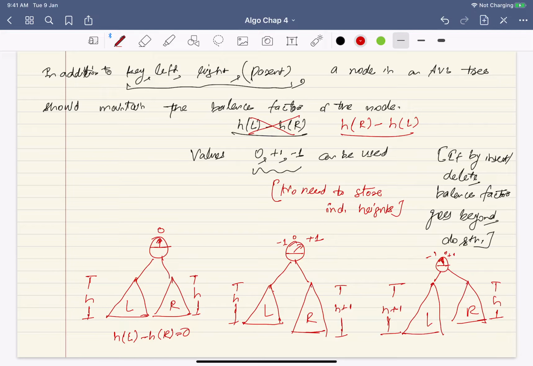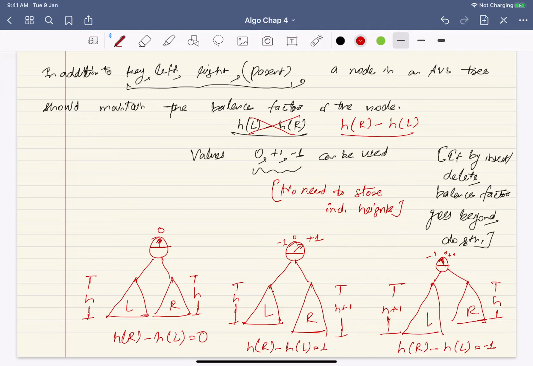So here I should say HR minus HL is 1, HR minus HL is minus 1, and finally HR minus HL is 0.